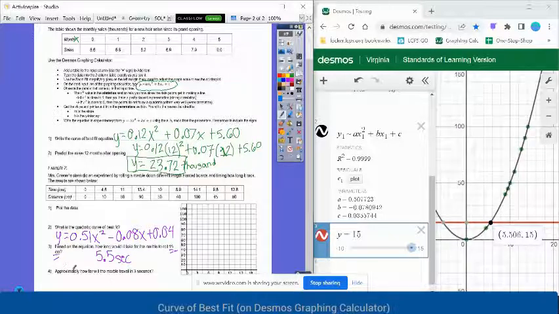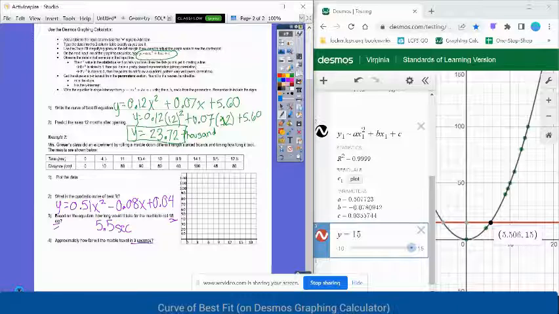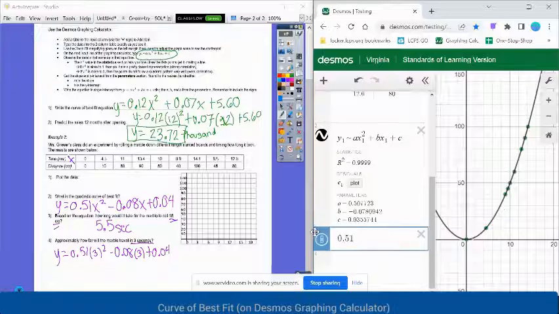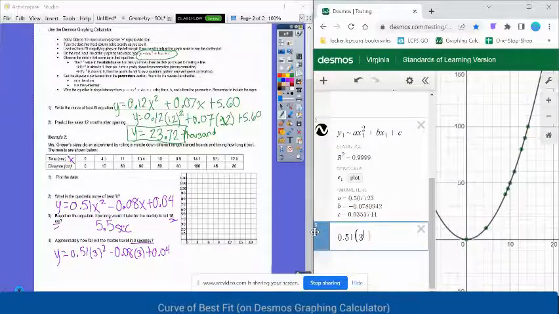And lastly, number 4, approximately how far does our marble travel in 3 seconds? So 3 seconds is my time, that's my x. We can absolutely plug this in, 0.51 times the 3 squared minus 0.08 times the 3 plus 0.04. So we get to type that in.